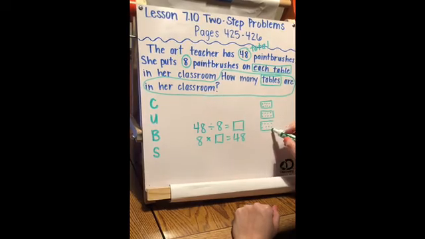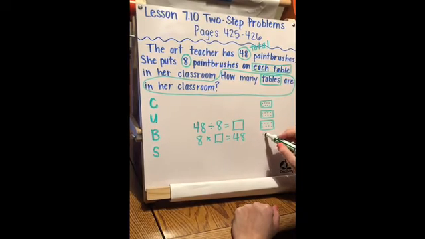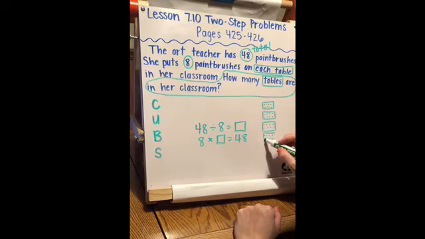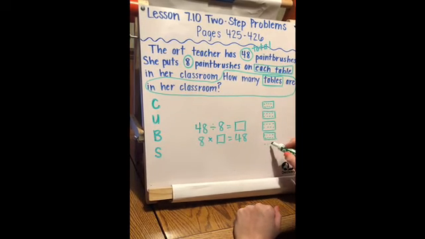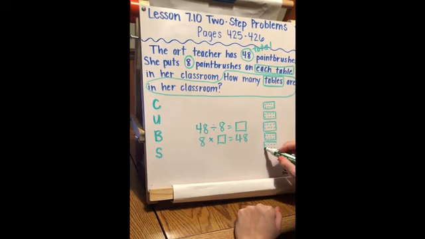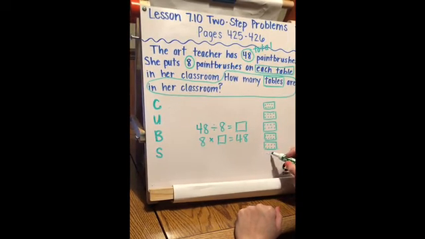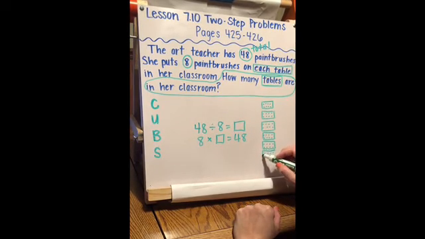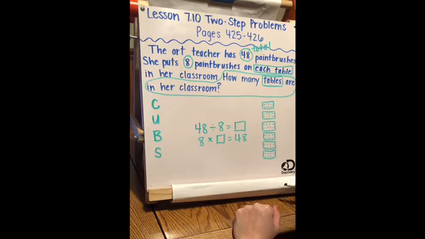There's another table. 25, 26, 27, 28, 29, 30, 31, 32. 33, 34, 35, 36, 37, 38, 39, 40, 41, 42, 43, 44, 45, 46, 47, 48. And there are my 48 paintbrushes.